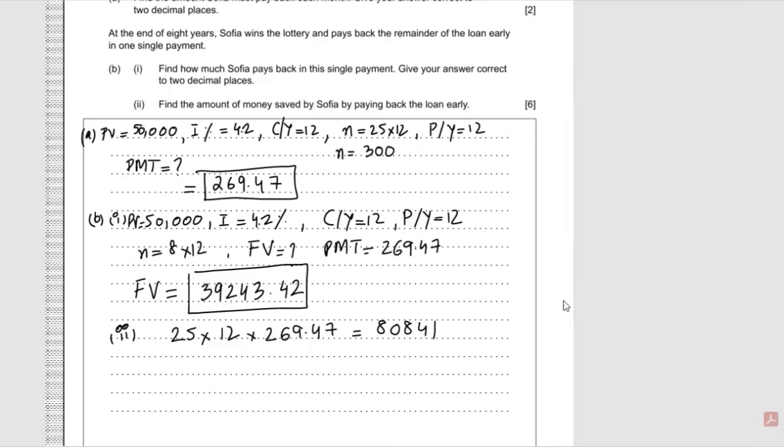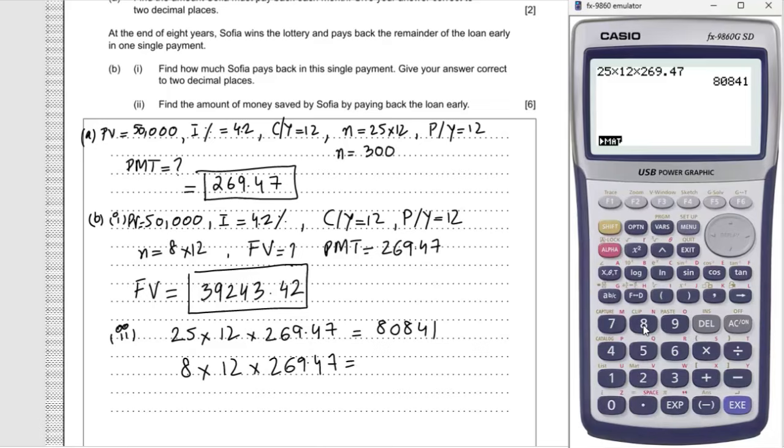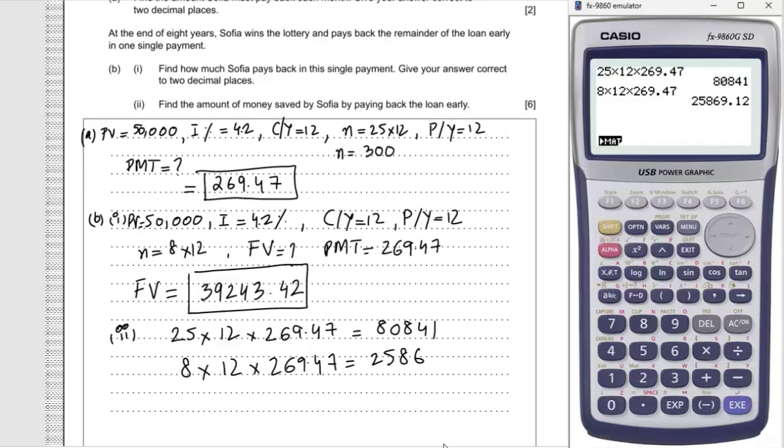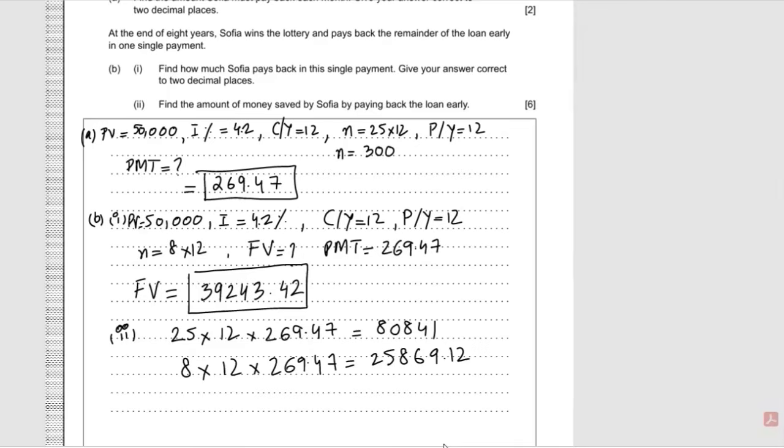Okay. And instead, how much did she pay in those 8 years? 12 into oh, my bad, sorry. She paid 8 years of monthly payments of 269.47. Let's make this 8 times 12 times 269.47. So she paid this much in 8 years, 25869.12. Okay. And also, plus she cleared this much immediately, 39243.42.